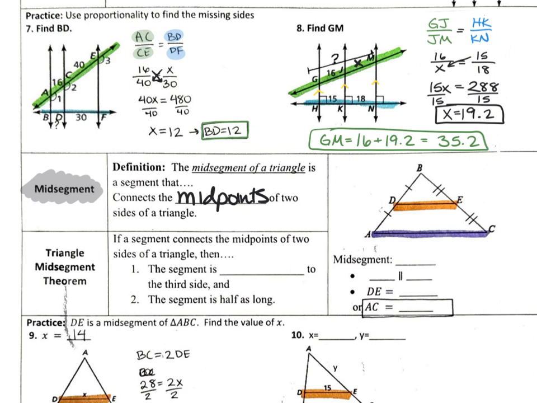So if a segment connects the midpoints of 2 sides of a triangle, then the segment is actually parallel to the 3rd side. And more importantly, that segment is half as long as the 3rd side, which is going to allow us to do a lot of algebra very quickly to solve for these different lengths.